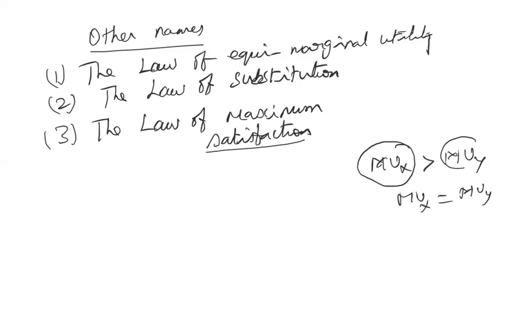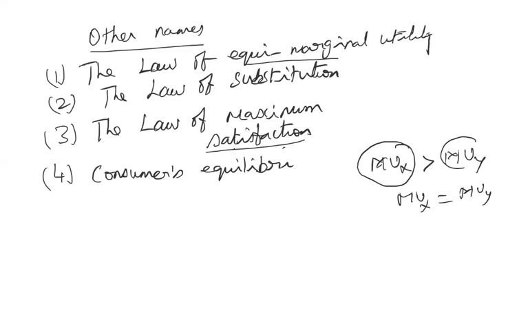In our example, if you purchase 3 units of mango and 2 units of apple, just for example, his total satisfaction is going to be maximum. Like that, if he distributes on each and every commodity and purchases certain quantities in such a way that marginal utilities are equal, he will attain maximum satisfaction. All this I will explain to you with the table. And this is also called consumer's equilibrium.